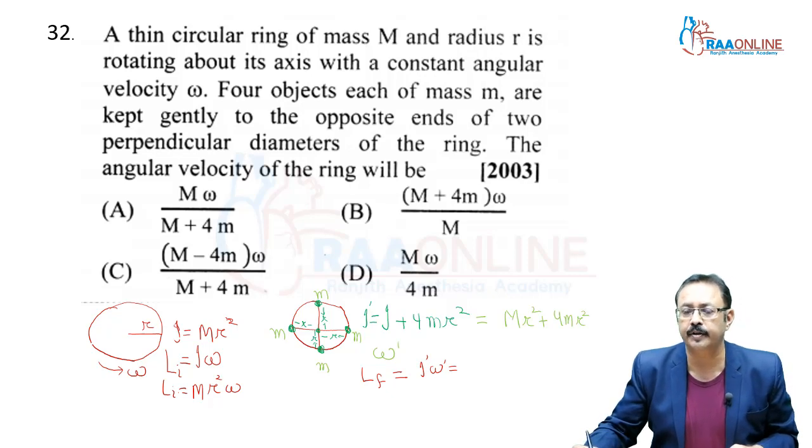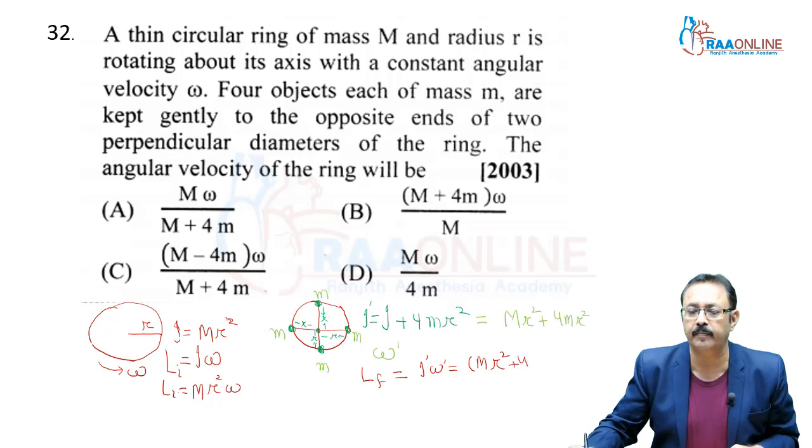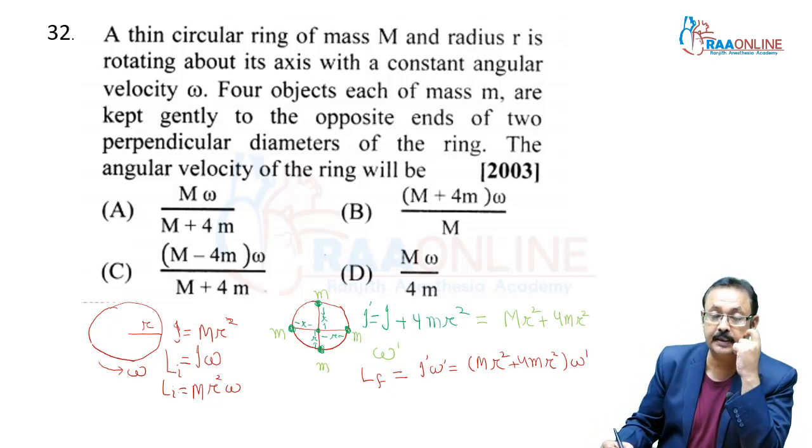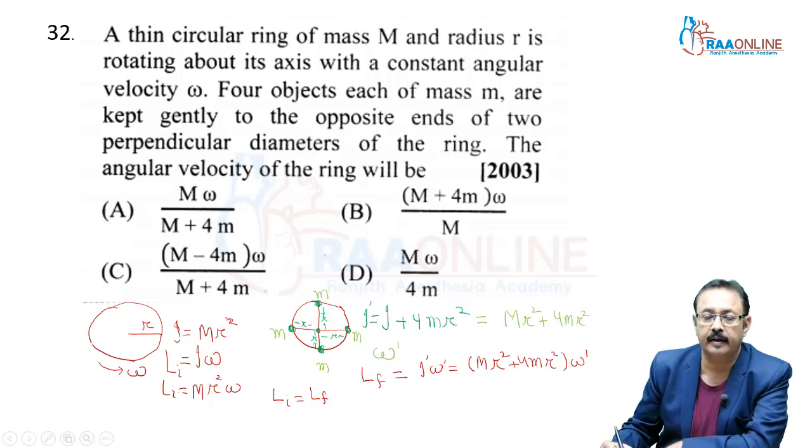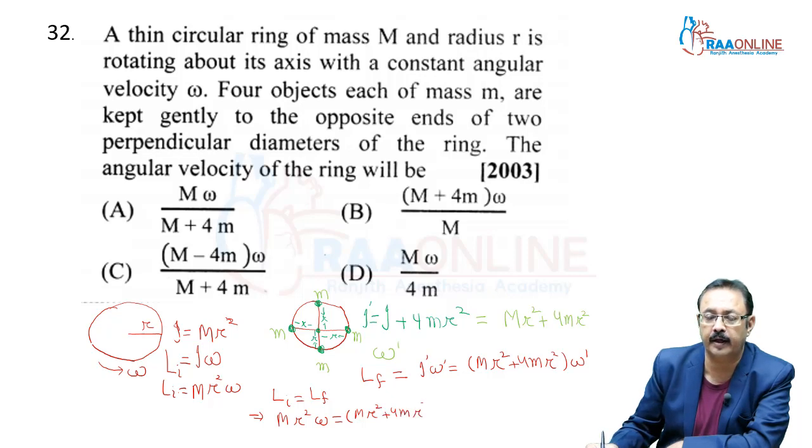What is I dash? Mr square plus 4mr square. But since torque was absent, Li should be equal to Lf. It means Mr square omega should be equal to Mr square plus 4mr square times omega dash.